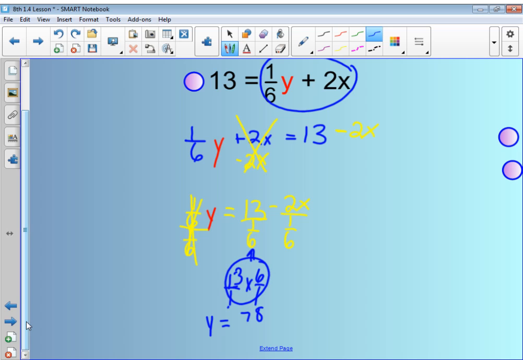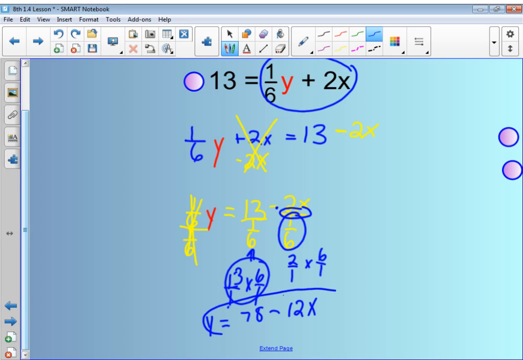Now I know from looking here that it's going to end up being a negative, so I'm going to write a minus sign. And then I'm going to keep 2, which is 2 over 1. I'm not going to worry about the x right now. I'm just going to put that behind my answer. I'm going to change to multiplication, and I'm going to flip this, so 6 over 1. So I get 12 there, so minus 12, and then my x is going to go there.